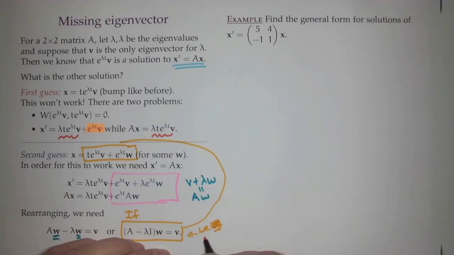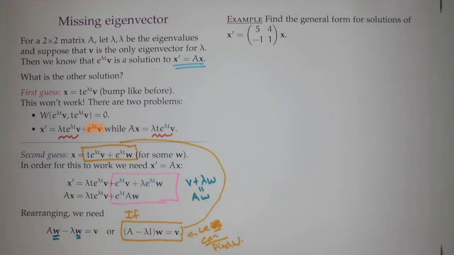So now we've said, okay, it's not just a matter of straight up multiplying by t. There's a little bit of an error correction term that you have to add in, and that error correction term relates back to the A minus lambda I. Okay, so that's what's going on.